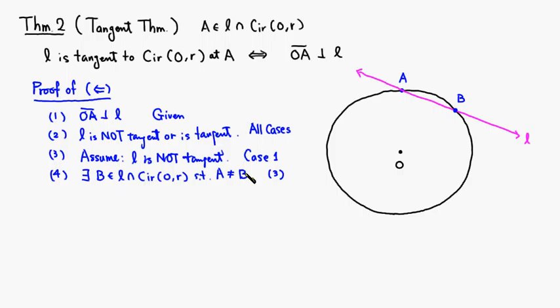Then if you look at this triangle right here, we already know that this is perpendicular, so we have a perpendicularity here and here.